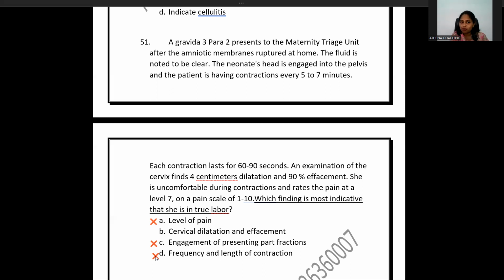So the answer for this question is second, B. Okay, please write down the signs of true labor. There are two different kinds of labor, true labor and false labor. In the coming class, we'll discuss what is true labor and false labor. Okay, fine. And we'll discuss another question. So next question.